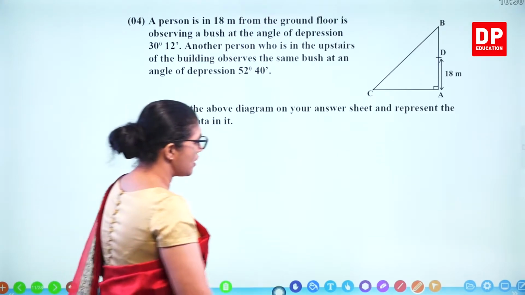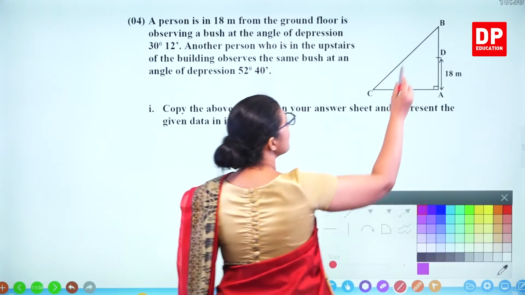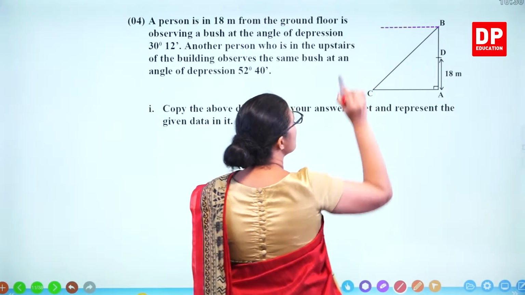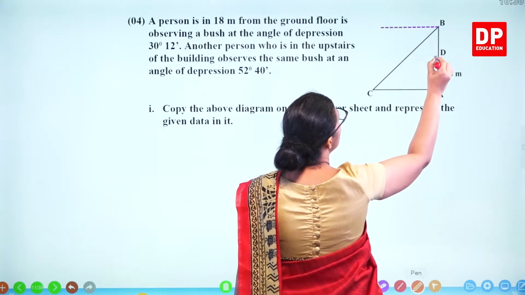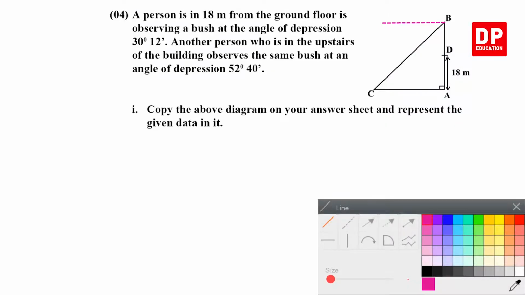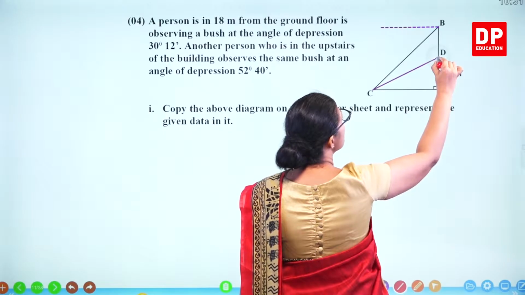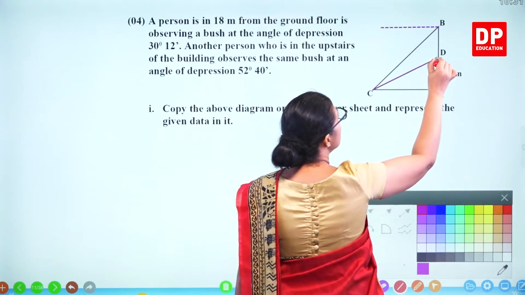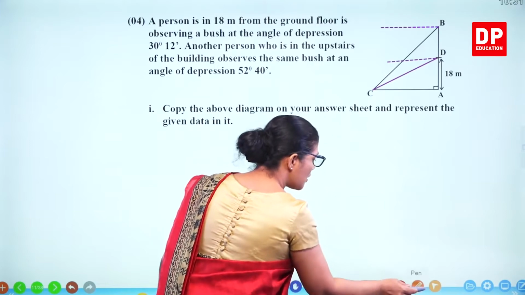So, angle of depression. So, you need to know the, here, looking down. So, here we'll draw the horizontal line and here, from here and here, we'll draw this line. This is the first one and here again we'll draw the horizontal line. So, the angle of depression is given.